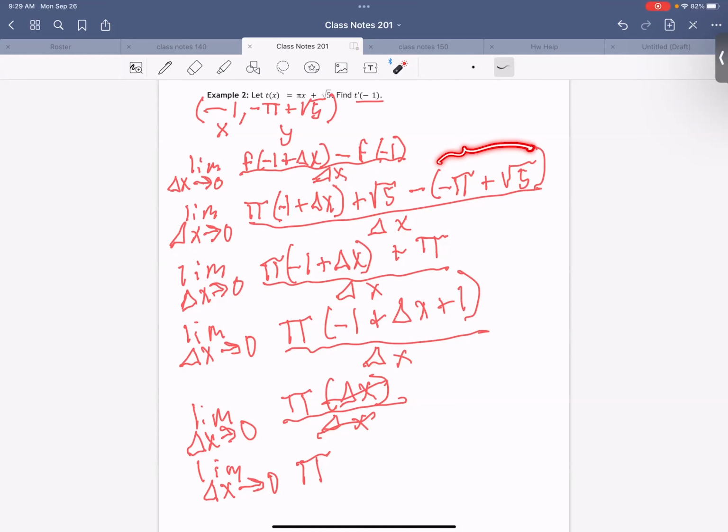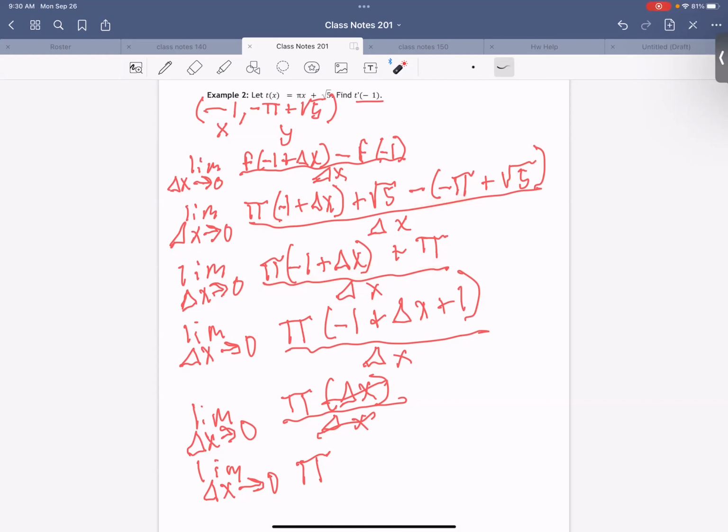And then after that, I, in my head, basically distributed the -1 in front of the negative pi plus √5. So you could do plus pi minus √5, and then you're left with pi times -1 plus change in x plus pi.